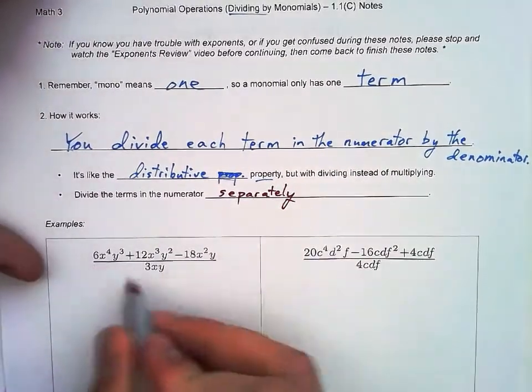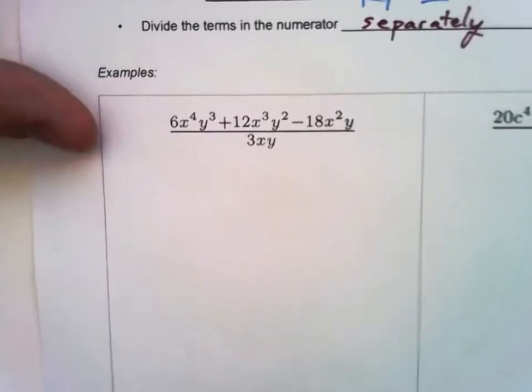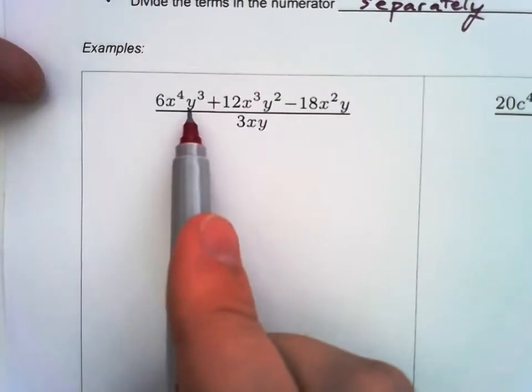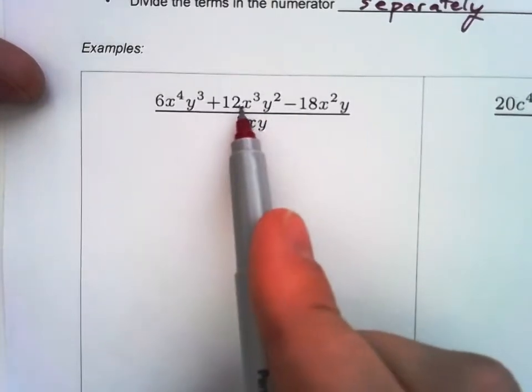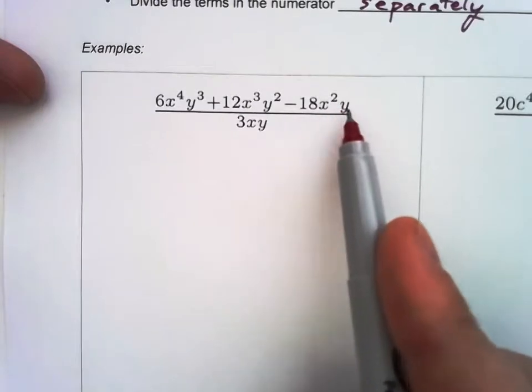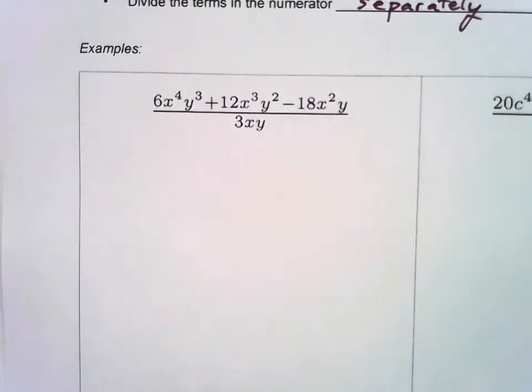So this first example here, we got 6x to the fourth y cubed plus 12x cubed y squared minus 18x squared y. So we got three terms, and I'll color code it for you here.